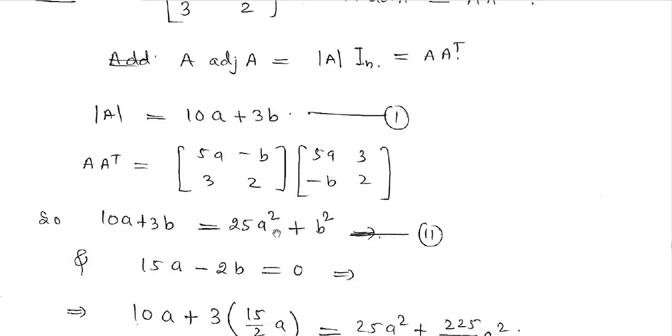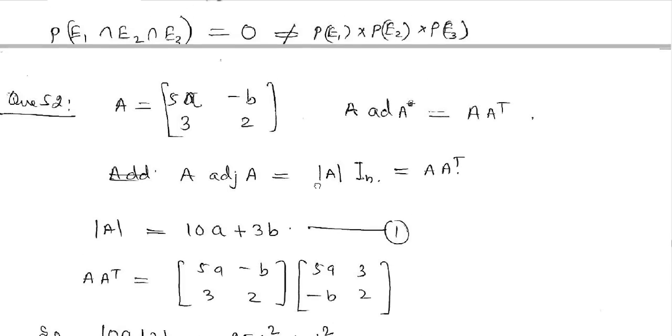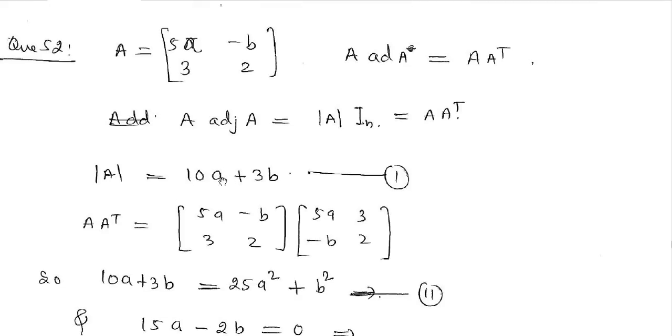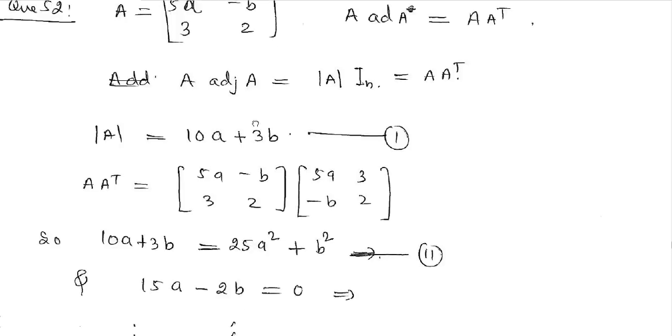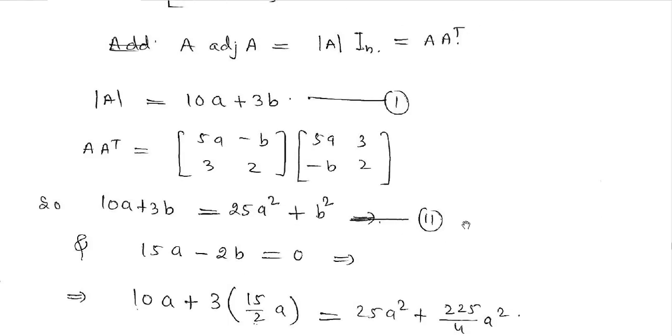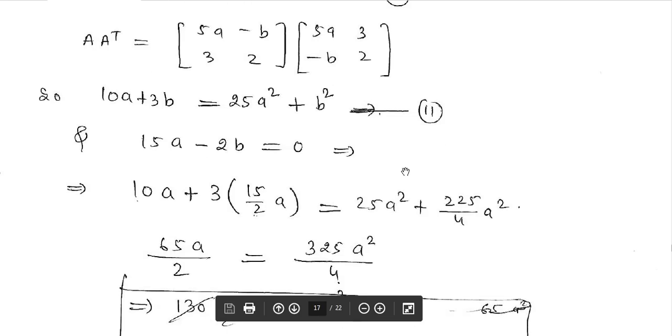So the diagonal element we are getting this, and the first row first column element is this, and the determinant having diagonal element this, so this is equal to the second equation we have.